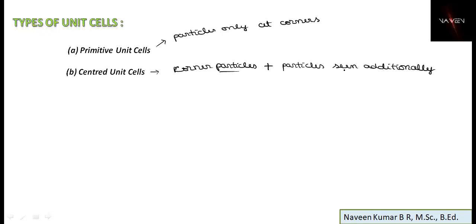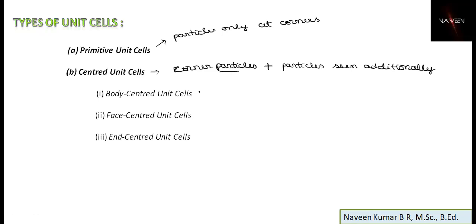Based on the location of that, we have the centered unit cells of three types: body centered unit cell, face centered unit cell, end centered unit cell. If I write the unit cell with a structure, you may easily understand it. So the body centered unit cell, along with the corner particles, will have one additional particle at its body center.